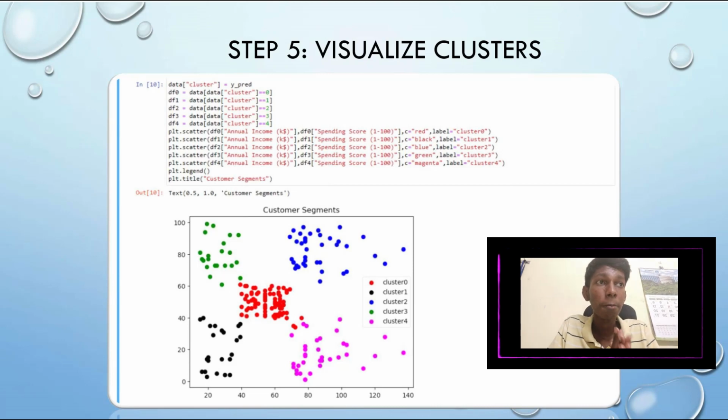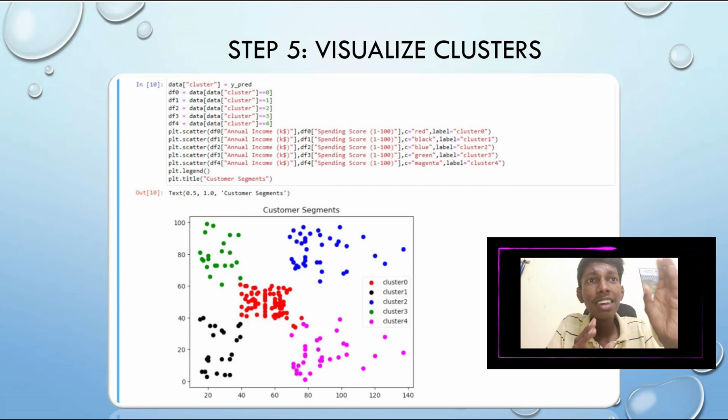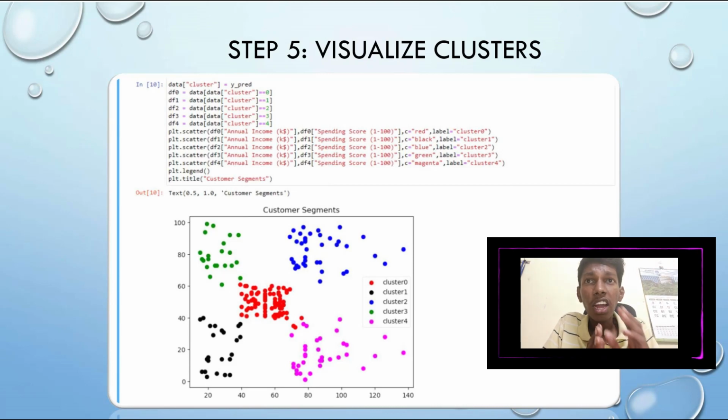Each cluster is represented by a different color, and the x-axis represents the annual income, while the y-axis represents the spending score, which ranges from 1 to 100. The plt.legend function adds a legend to the plot to indicate which color corresponds to which cluster. Next, at last, the plt.title function sets the title of the plot.